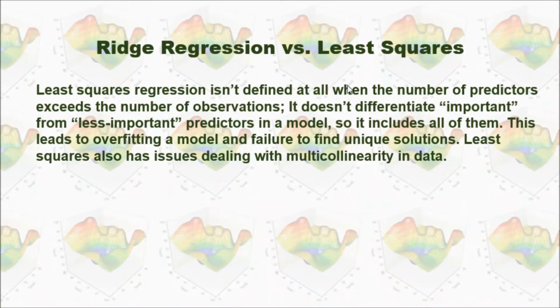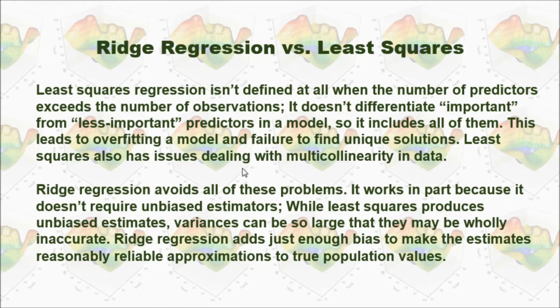The most common regression method is least squares regression. Least squares regression doesn't differentiate important from less important predictors in a model, so it includes all of them. Ridge regression avoids these problems, while least squares produces unbiased estimates, but it doesn't care about variances.